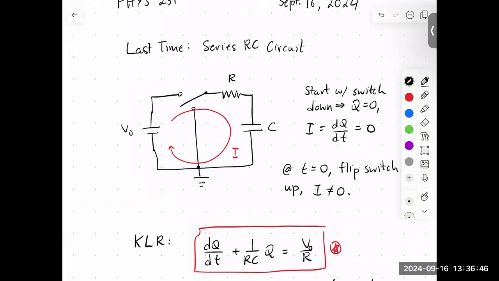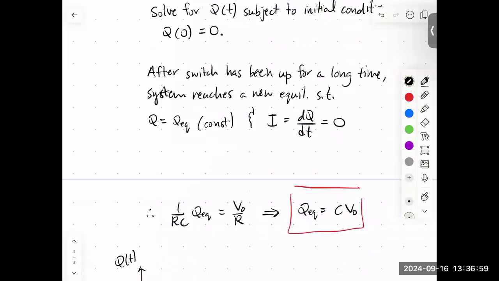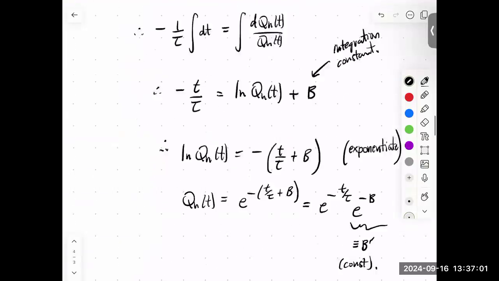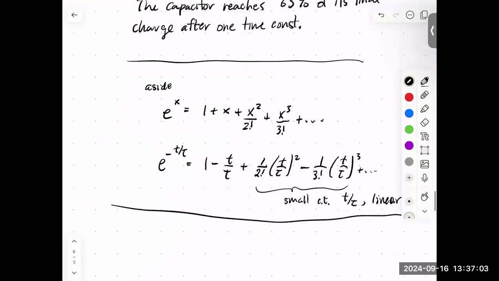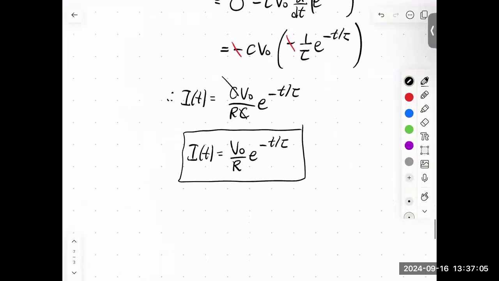It's uncharged, and so there's no voltage across it. So we just get V naught minus IR. And if we solve for the current, we get V naught over R. And that's exactly what our solution for the current tells us.